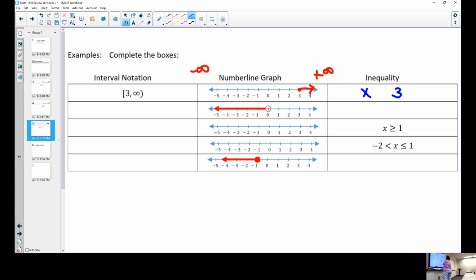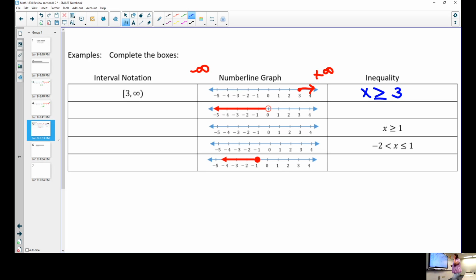Are they greater than 3 or are they less than 3? Well, they're shaded to the right, and the right makes the numbers larger, so x's are greater than or equal to 3, because we have a closed dot that should have an equal to.